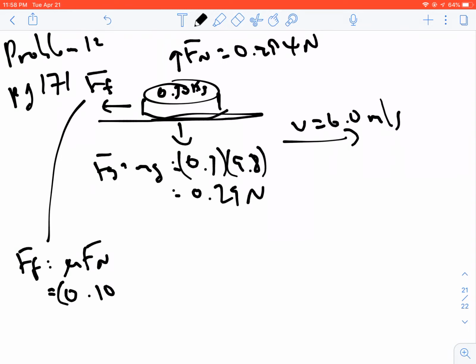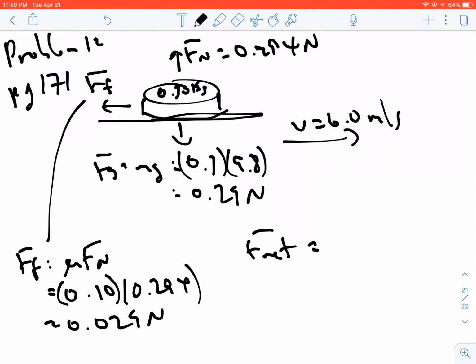It's not a very high amount of friction, but again, it's just on ice, even if it's a bit rough, times 0.294 newtons, and I get a frictional force of 0.029 newtons.